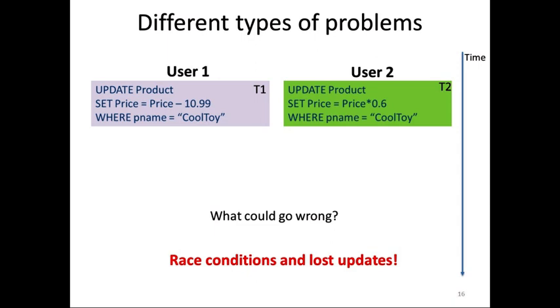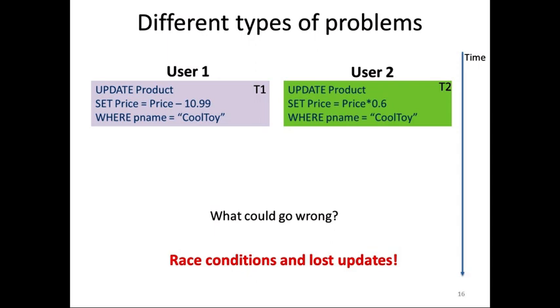So let's say that here we have an application or transaction 1 which writes a new price for a product called Cool Toy by, let's say, reducing it by shaving off $10.99 from its price. So this of course means several things. First of all, reading the old price, computing the new price, and then writing the new price.